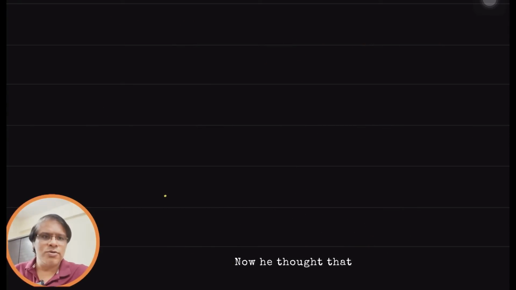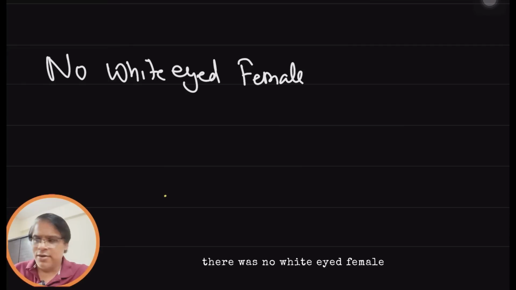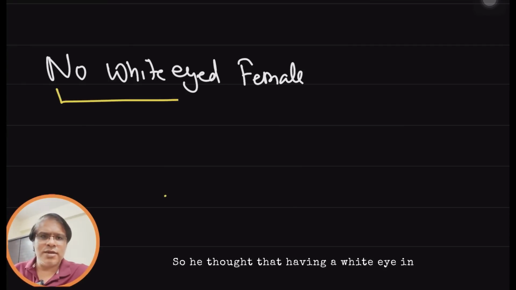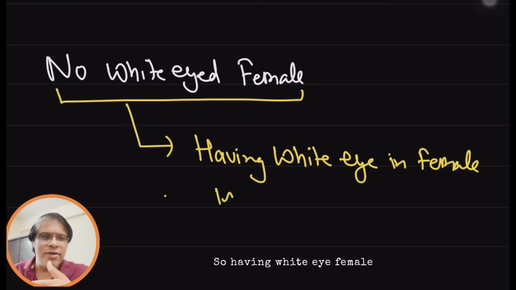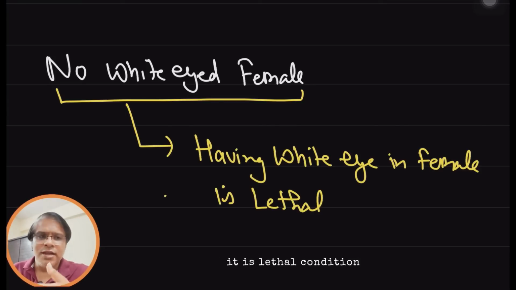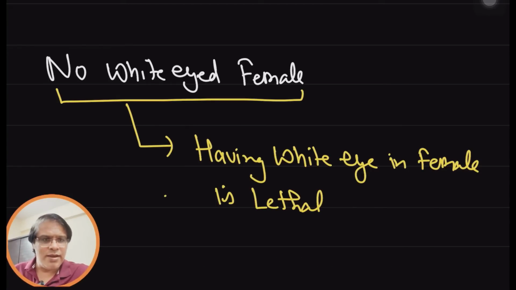Now he thought that since there was no white eyed female, having white eyes in a female might be lethal. So having a white eye female is a lethal condition, and that's why he got only white eye males.